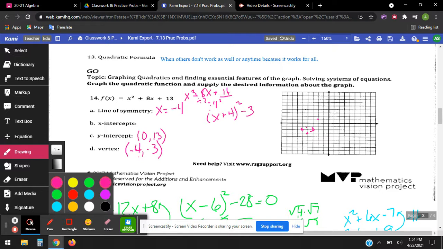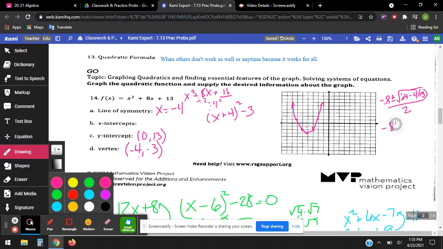Okay. No nice x-intercepts, which means we're probably going to want to use the quadratic formula to figure this one out. So I'm going to do that off to the side here. So negative b, negative 8, plus or minus the square root of b squared, so that's 64, minus 4 times 1 times 13, right? Okay, so 4 times 13 is 52, divided by 2a, which is 2.